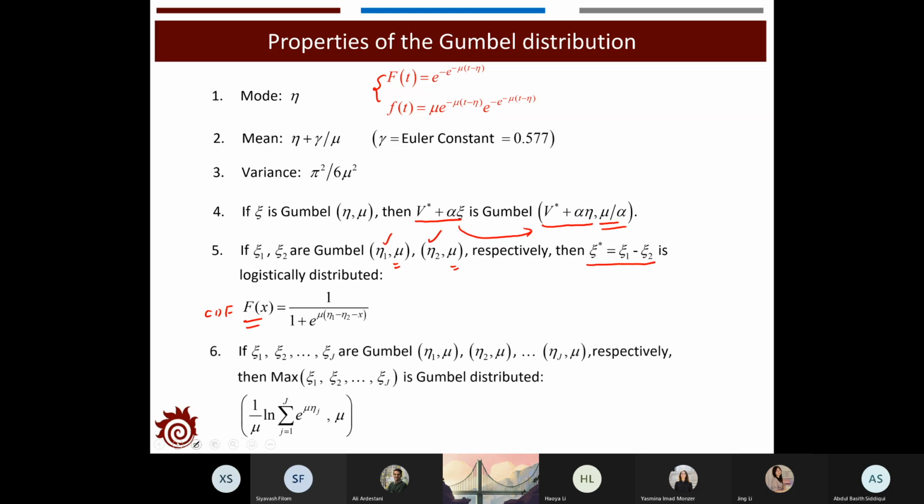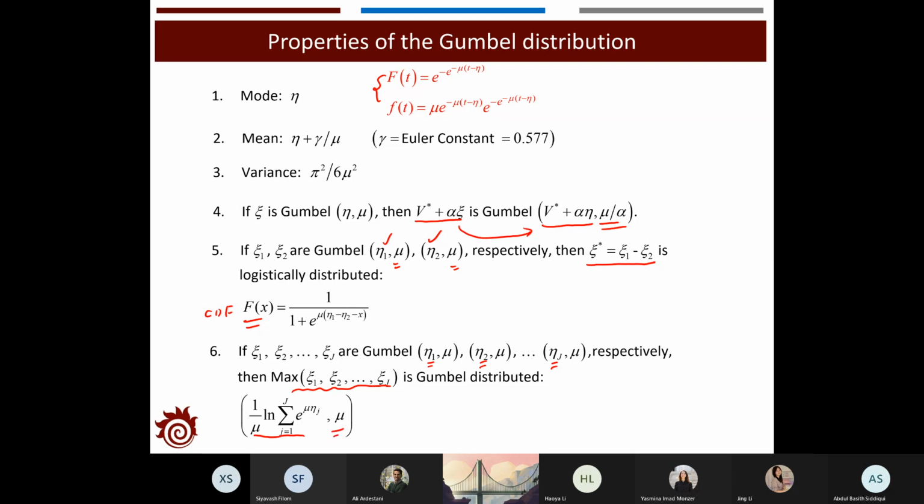And moreover, if we have J different Gumbel random variables, epsilon 1, epsilon 2 to epsilon J, that all follow the Gumbel distribution with the same value of mu but different values of eta, eta 1, eta 2, eta 3 until eta J, then the maximum value of these J random variables also follows the Gumbel distribution.